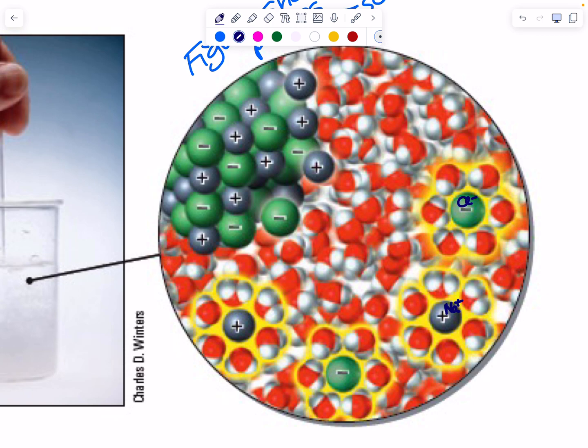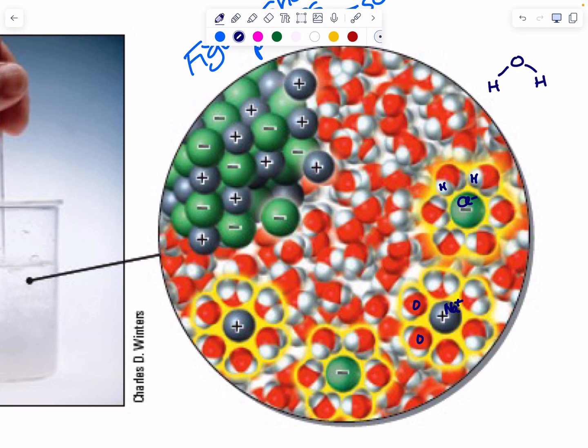Yeah? The hydrogens are pointed in and the oxygens are pointed out. Right. So around the chloride, the hydrogens, these guys right here, are pointing towards the chloride. And with the sodium, it's the oxygens. Now, if we think about what we know about bonding and electronegativities and molecular polarity, one of the reasons that we studied that was to understand how materials behave.